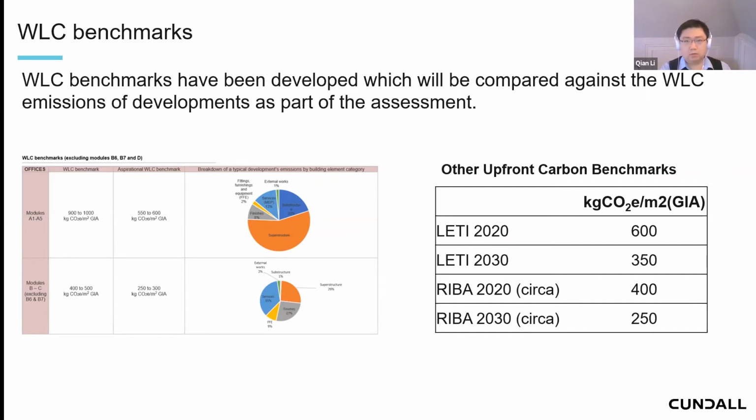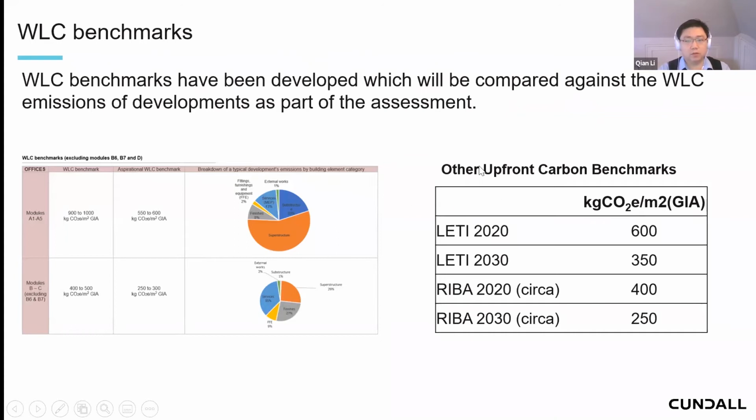Compared to other targets like LETI and RIBA, which are more stringent because they are set deliberately to be very challenging for people to achieve, that's trying to push the industry forward. But the purpose of the Greater London Authority at the moment is to gather data and encourage people to do the assessment, with a view, when they collect more data, to get a more robust reduction requirement in the next version of the London Plan. Hopefully they will include a reduction target based on project types.